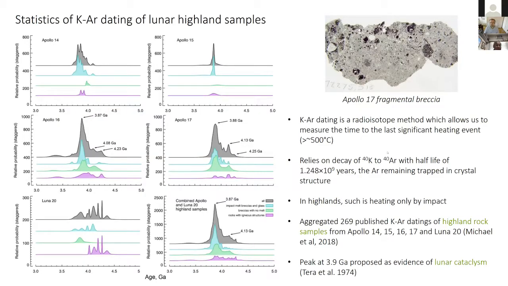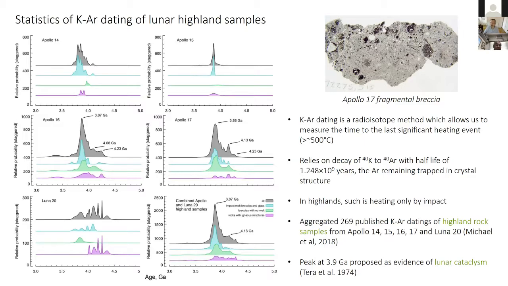Here on the top right, you see an example of an Apollo 17 fragmental breccia. This rock contains lots of small pieces of what we see as different colors here, but they are pieces of different composition from different origin.